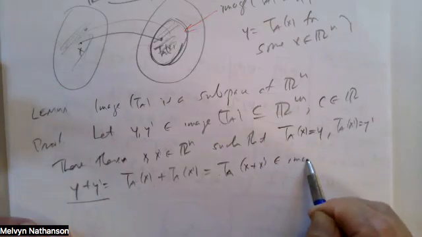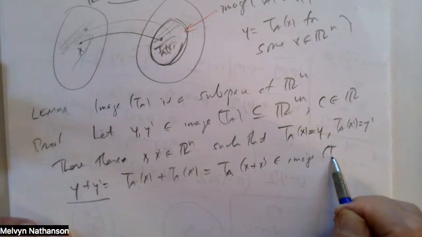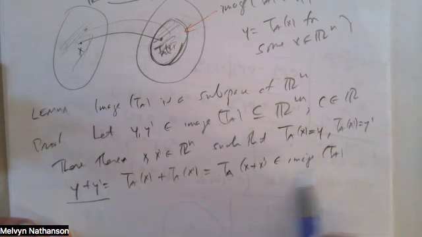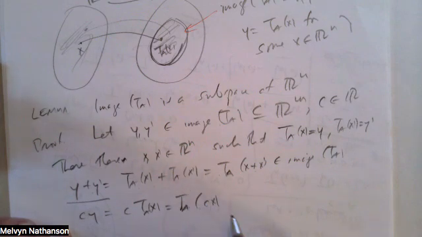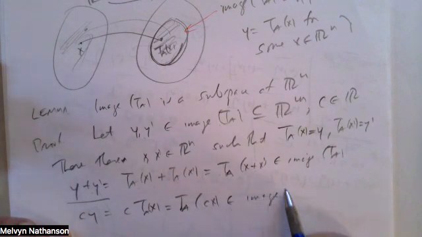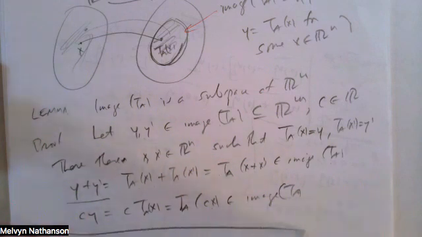So this is in the image of T sub A. So the image of T sub A is closed under vector addition, and c times y is c times T sub A of x, but this is T sub A of c times x. This is a vector in Rn, so this is a vector in the image of T sub A. So this is a proof that the image is also a subspace.